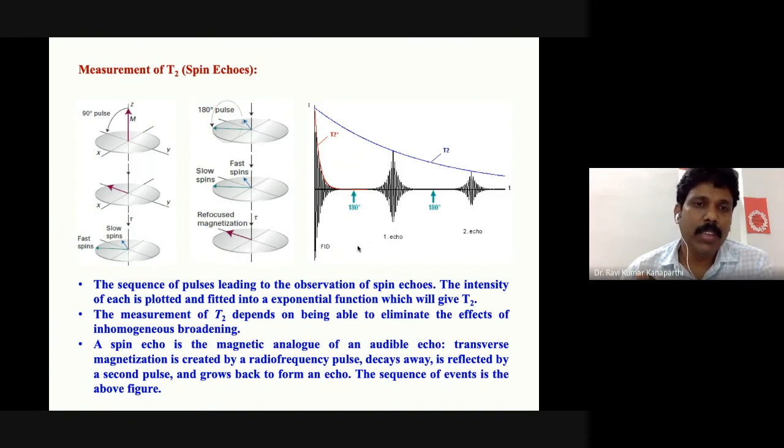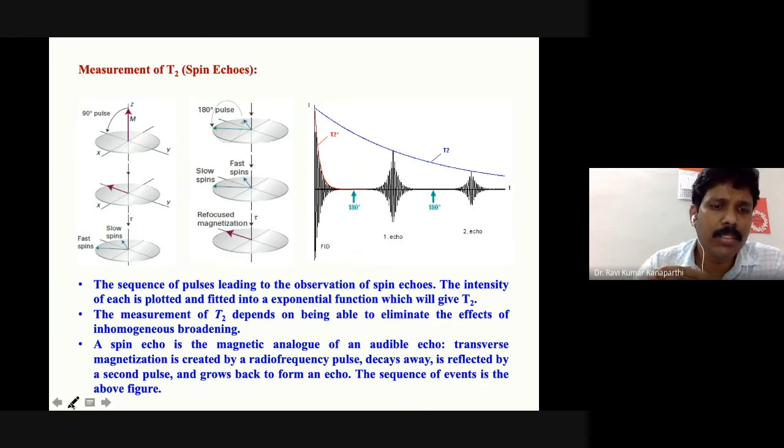How do we record it? It is shown in this diagram. In this spin echo technique, I'm sure most of you know what an echo is. An echo is the overlapping of two frequencies. If it is audio, then we can observe an echo, a very loud sound, right?